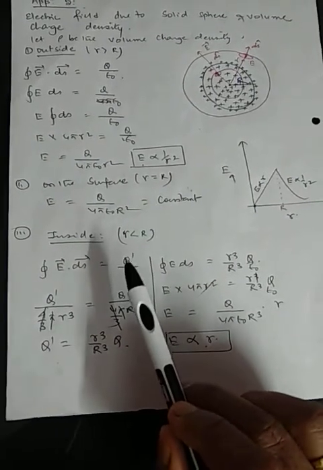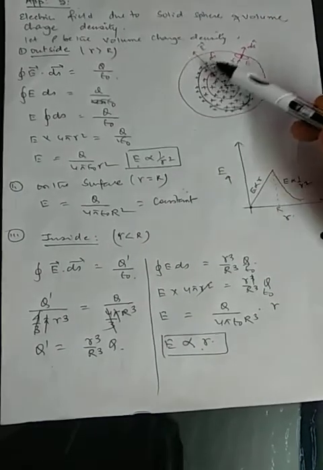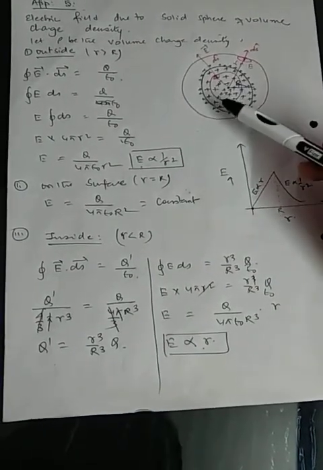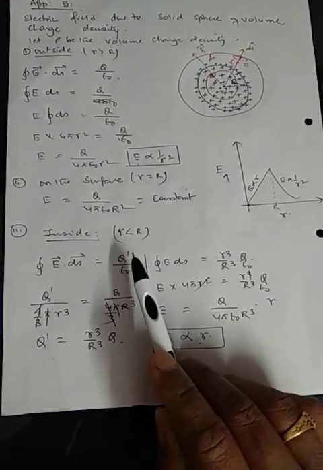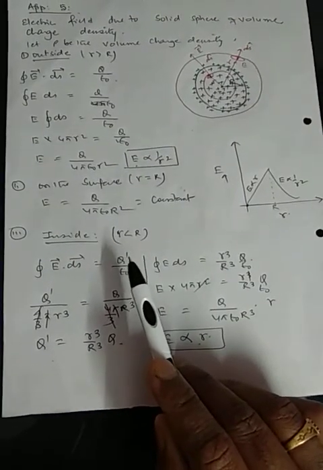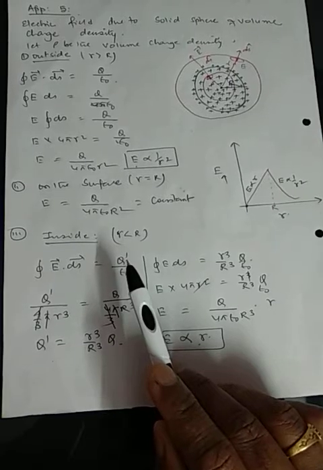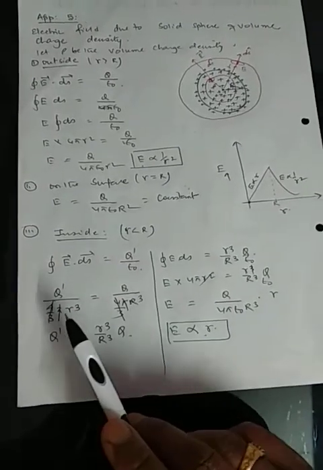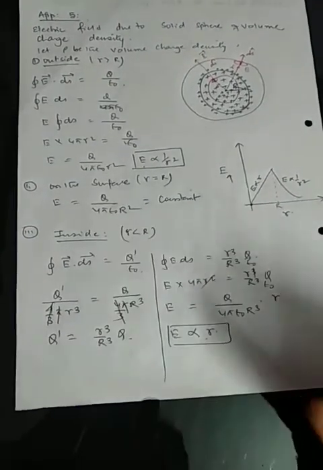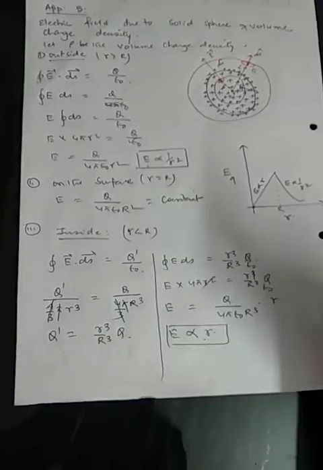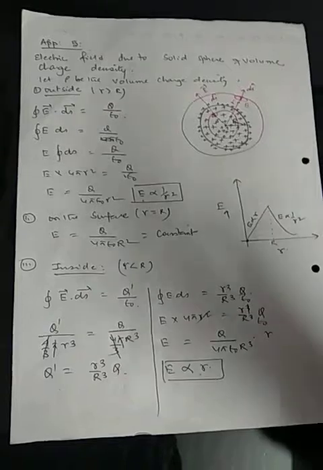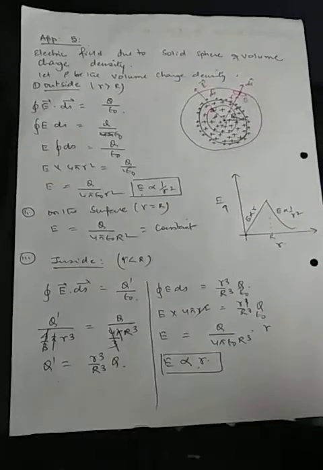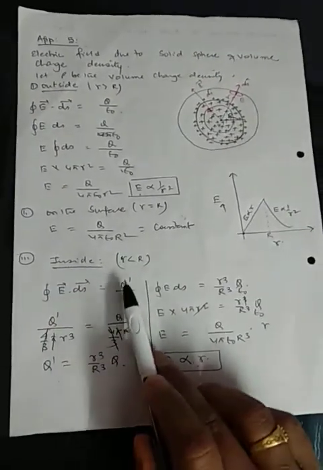Is it Q enclosed? No. Q is throughout the body, right? But we are assuming a very small part of the body. So I am assuming here q dash is the charge enclosed by the Gaussian surface of radius small r. So what will be the value of q dash? Because we know the value of capital Q only, which is the total charge. But in the third case, charge enclosed is not total, it is less than total. For that reason I am assuming q dash, right?